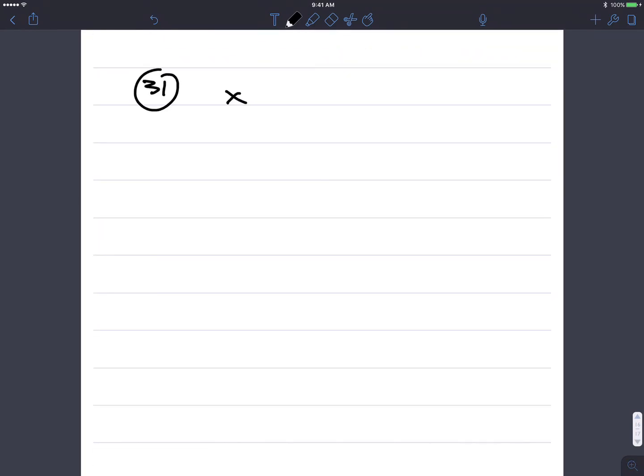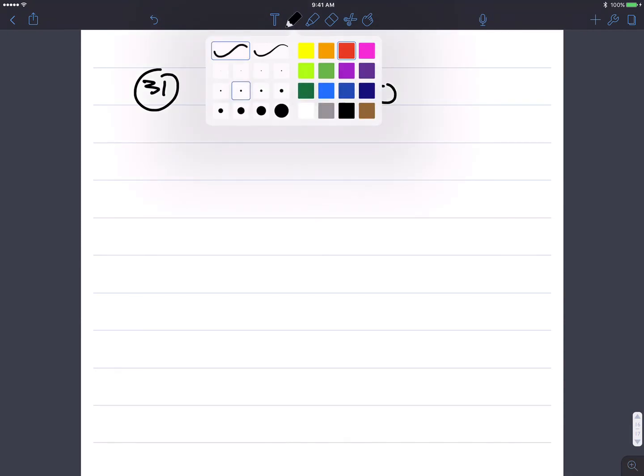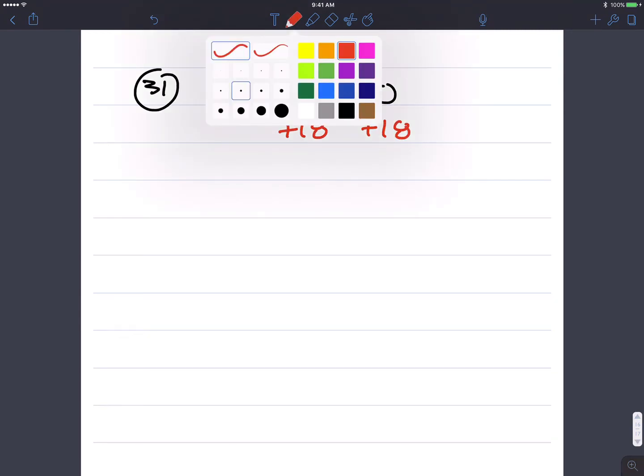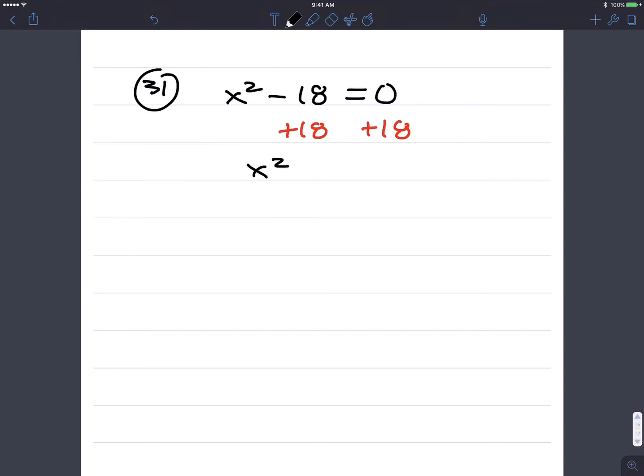Problem 31. x squared minus 18 is 0. Add 18 to both sides. x squared is 18. x is plus or minus the square root of 18. We're going to have to simplify that radical.